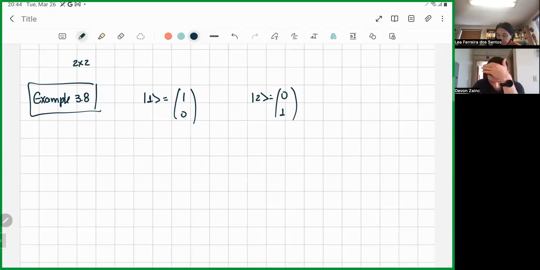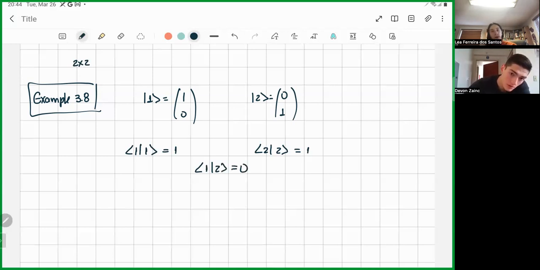Why? First, if I look at 1 with 1, I get 1. 2 with 2, I get 1. So they are normalized. And if I look at 1 with 2, I get 0. They are orthogonal. So my basis is orthonormal.